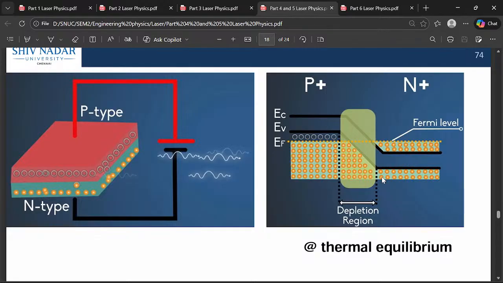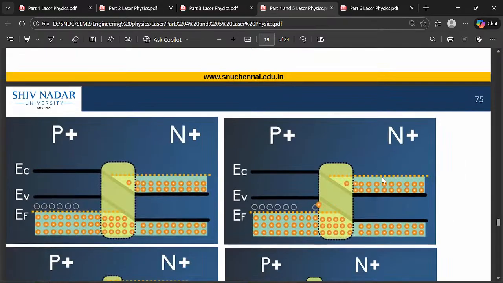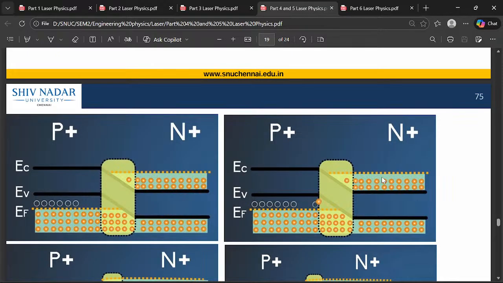Here the depletion region is given between the P and N type of the semiconductor. In this junction, you can see the Fermi level is maintained below the EV, not in the conduction band. When this depletion region gets reduced, you can see that the Fermi level on the N side has gone upper, so that the electrons can be inverted and population inversion can be achieved.